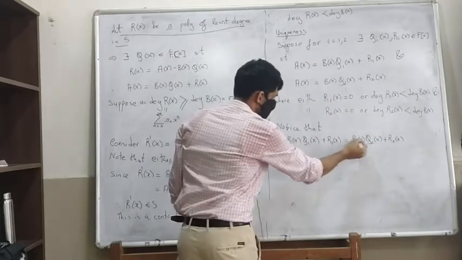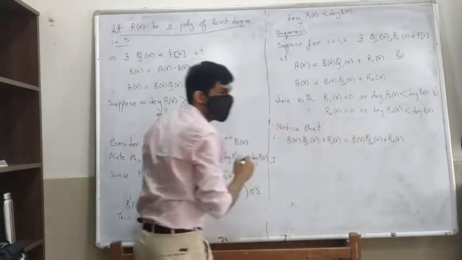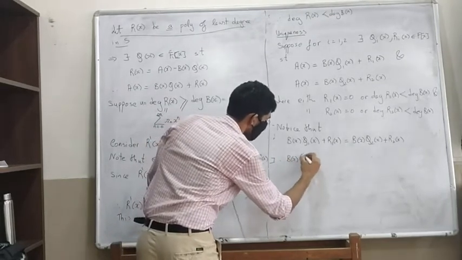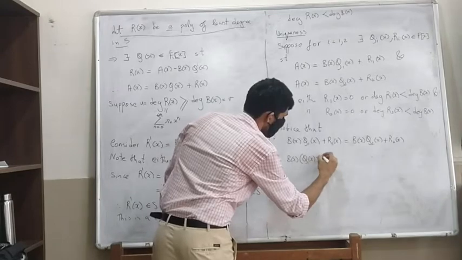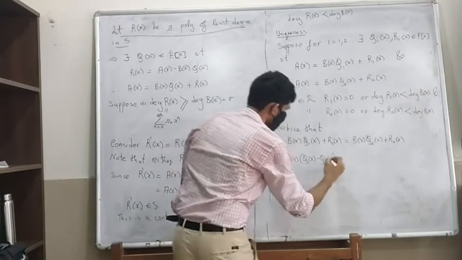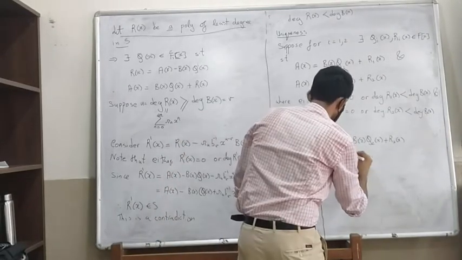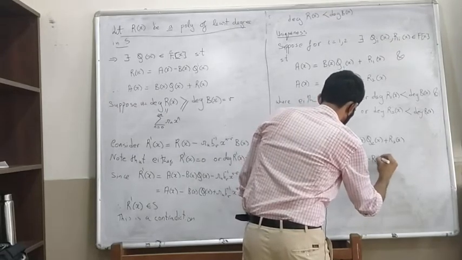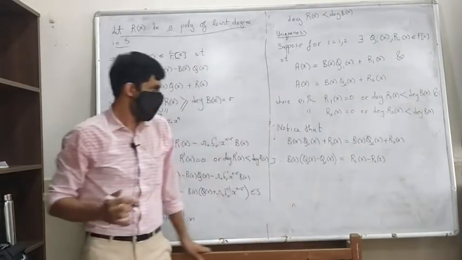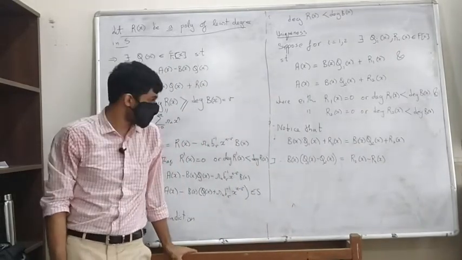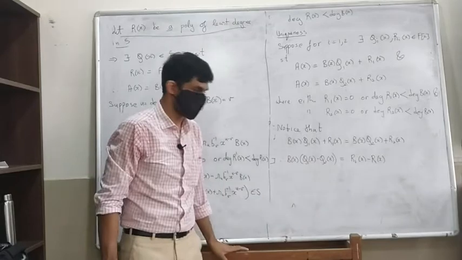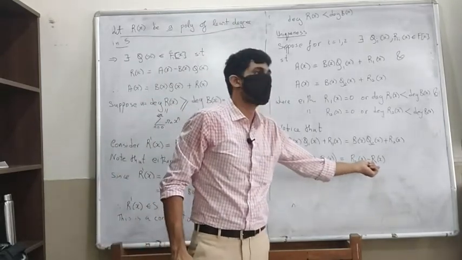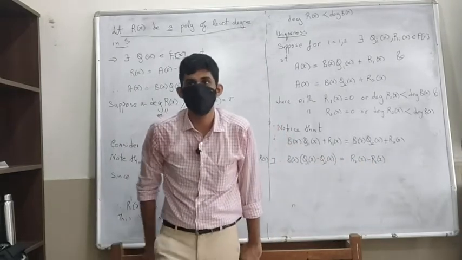And we can take this to the side, take this to the side to give us b of x times Q1 of x minus Q2 of x equals R2 of x minus R1 of x. And let's ask ourselves a small question: what happens if Q1 is not equal to Q2? Okay, what is the degree of R2 minus R1?